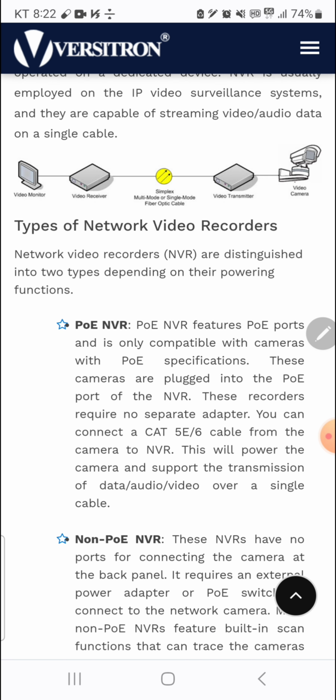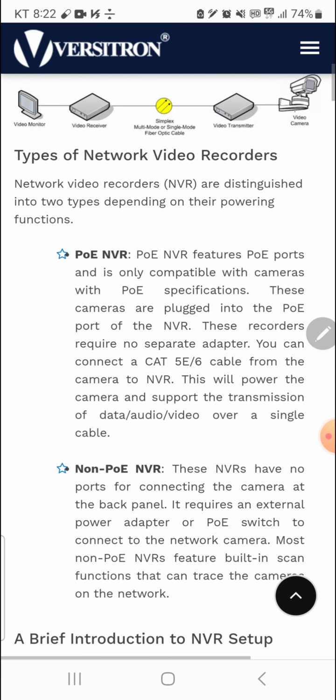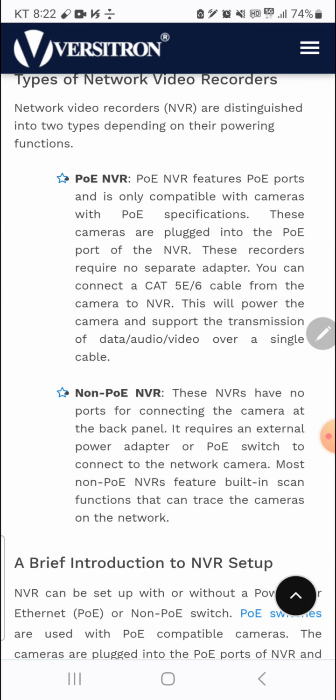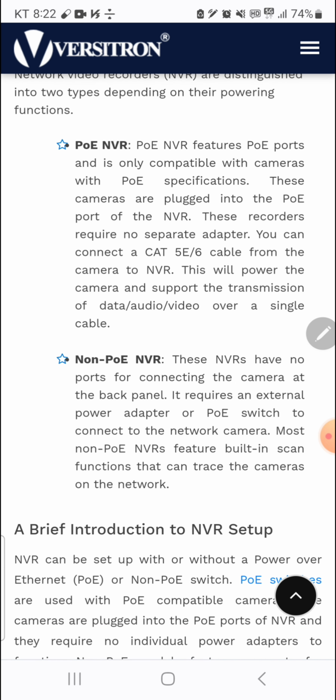Types of network video recorders. Network video recorders, NVR, are distinguished into two types depending on their powering functions: PoE NVR and non-PoE NVR. PoE NVR features PoE ports and is only compatible with cameras with PoE specifications. These cameras are plugged into the PoE port of the NVR.